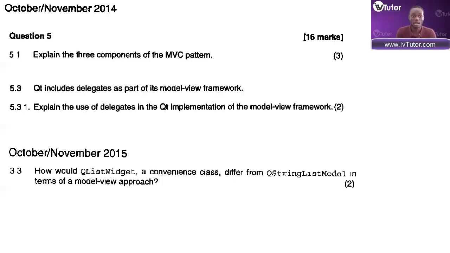And the question is saying, how would these differ? So with a QString list model, you have to use a QList view, and it's a model-based approach, which means the data is separated from its presentation. A QList widget combines both the model and the view into one class. In other words, data is not separated from its presentation, and also it's less flexible, right?